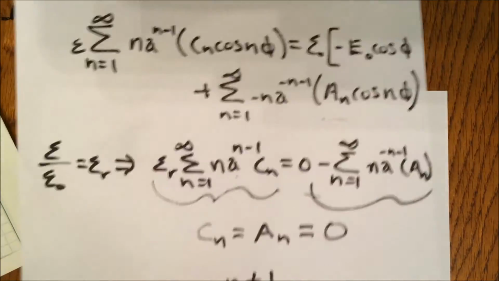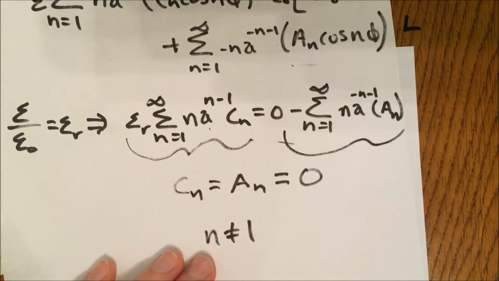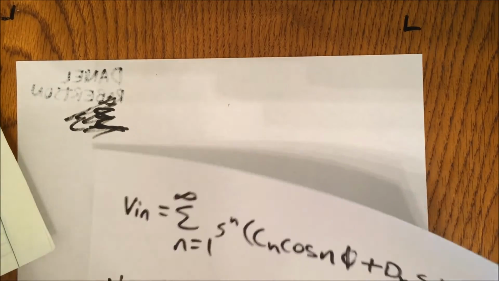So we have determined that the coefficients c and a are 0 for all n except for n equals 1. The coefficients b and d are 0 for all n.